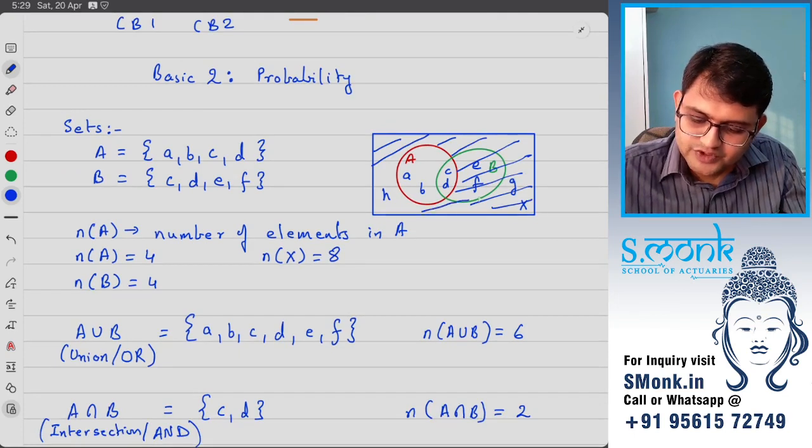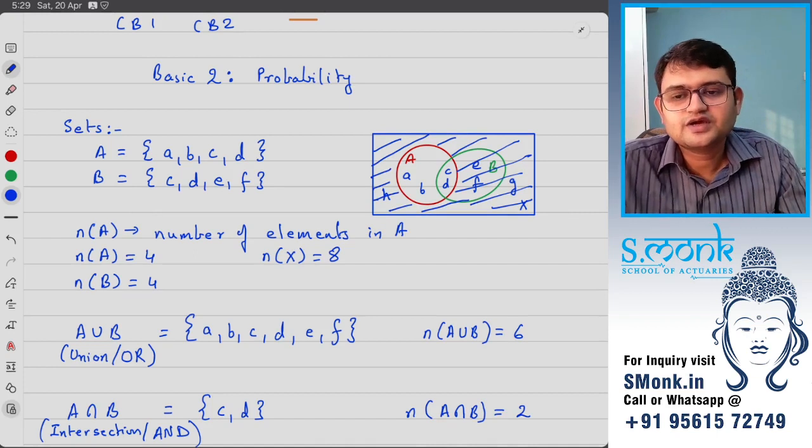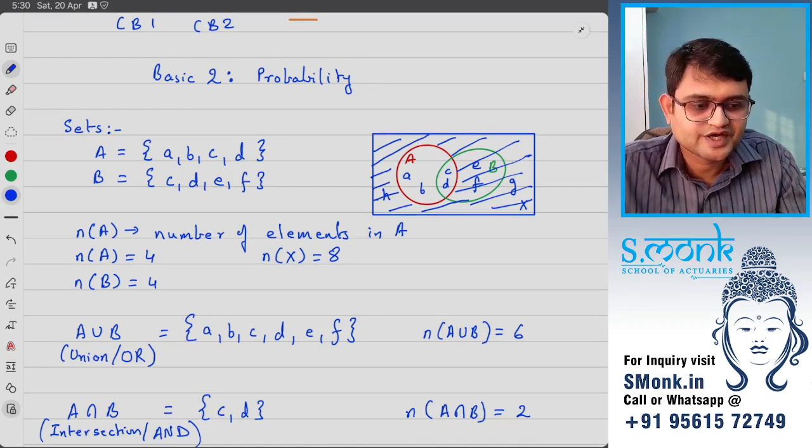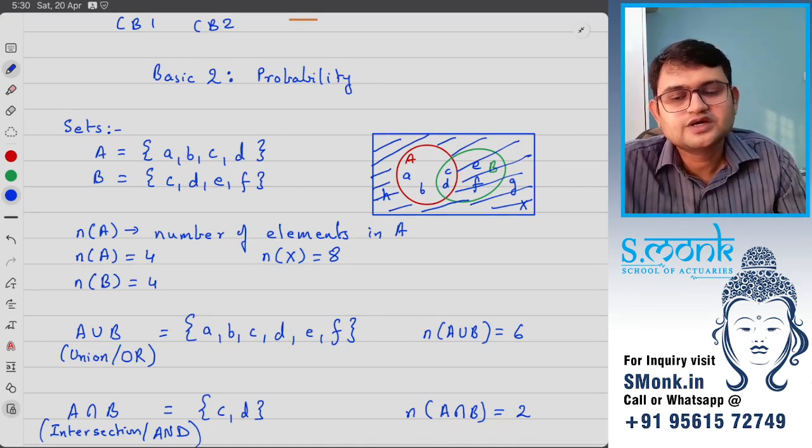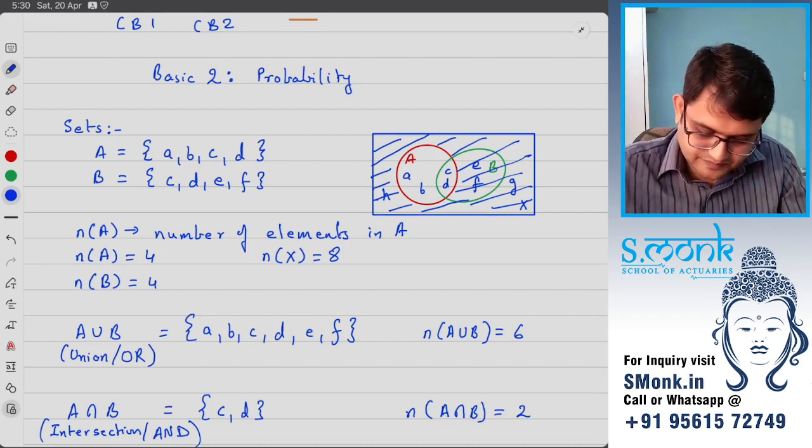So the shaded region, the region that I am shading, you can see it is everything other than A. I am leaving A, B, C and D, and everything else I have shaded, that would represent A complement.